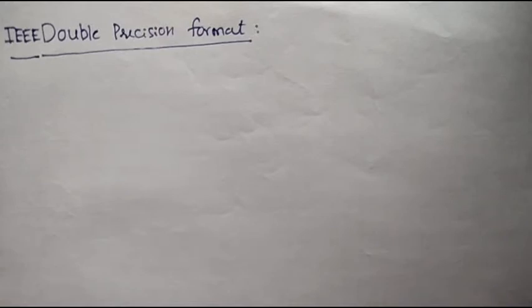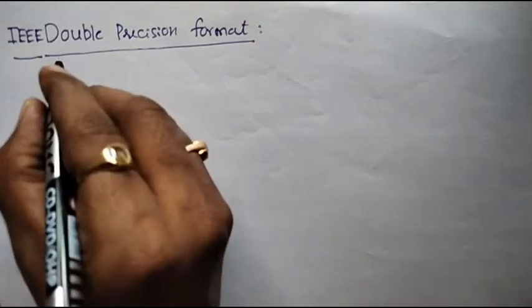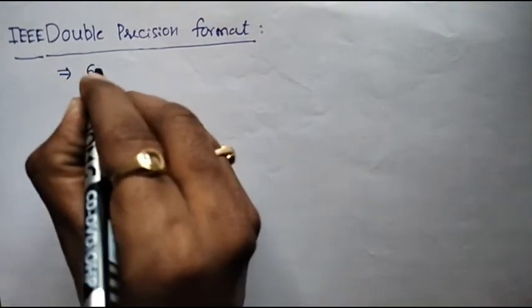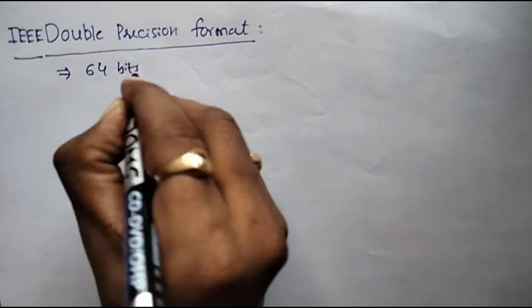In the last lecture, we studied the IEEE single precision format. In this lecture, we'll study the IEEE double precision format. Double precision format has a total of 64 bits.